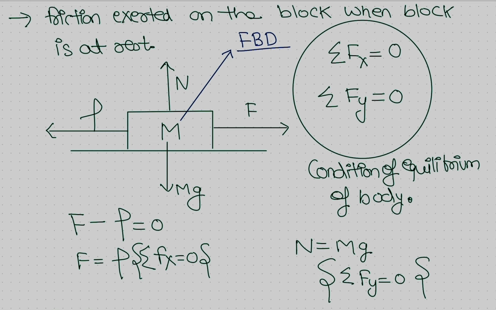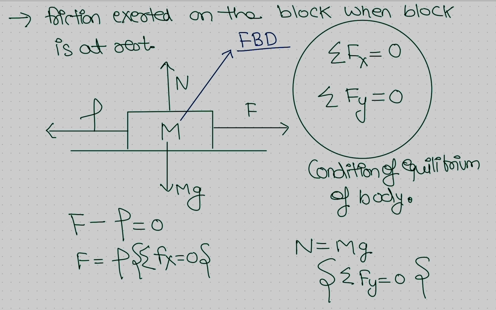So this is the state of equilibrium of a body, in which forces act on the body, but the net force acting on the body is zero. Similarly, sigma Fx means the summation of forces acting in the x direction, and sigma Fy means the summation of forces acting in the y direction.